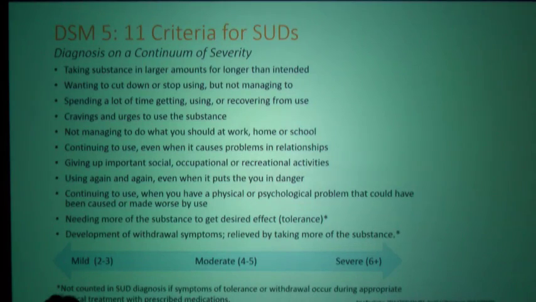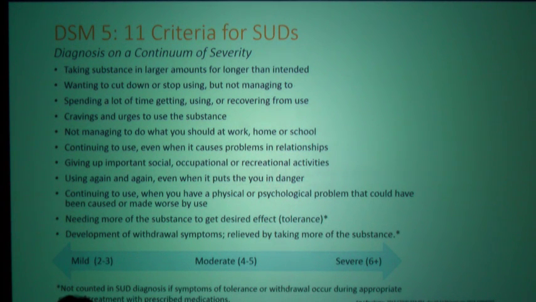So it's except tolerance and withdrawal in the setting of somebody who is being prescribed an opioid. These are the DSM-5 criteria, which came out in 2013. First important thing is that they used to say DSM-5 with a Roman numeral V, and they've contemporized that, and now the American Psychiatric Association says we can use the number 5.